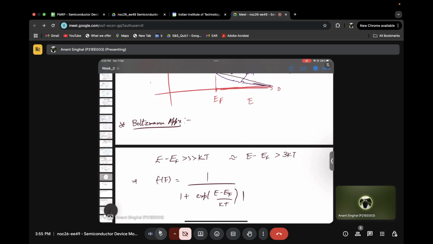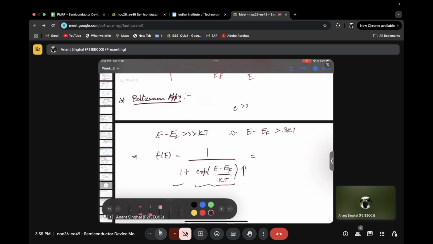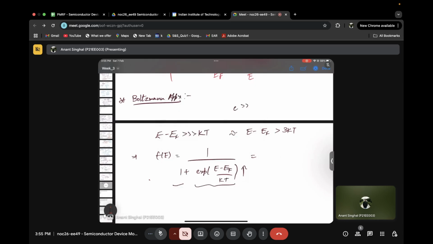if this thing is very, very much greater than kT, then the exponential term is very, very much greater than 1. Yes or no? Is it not clear?